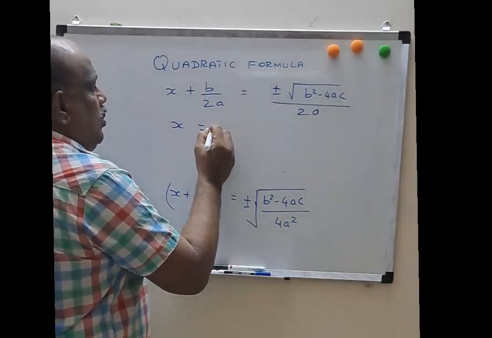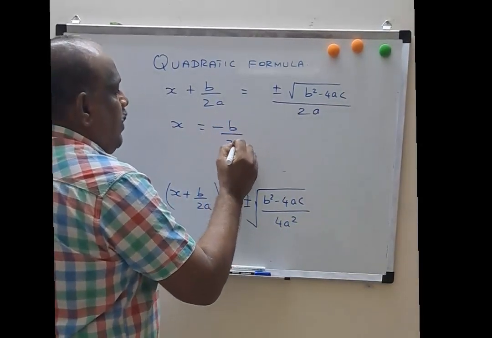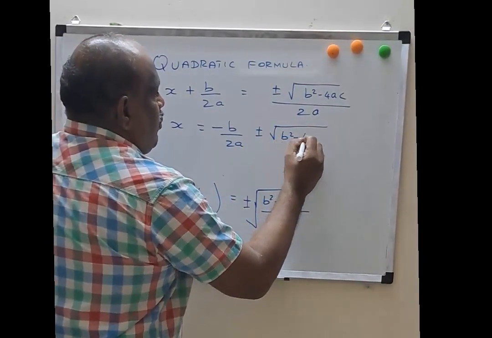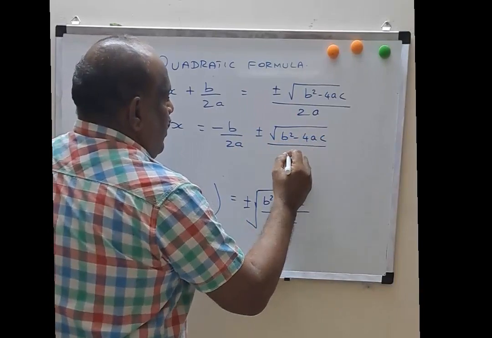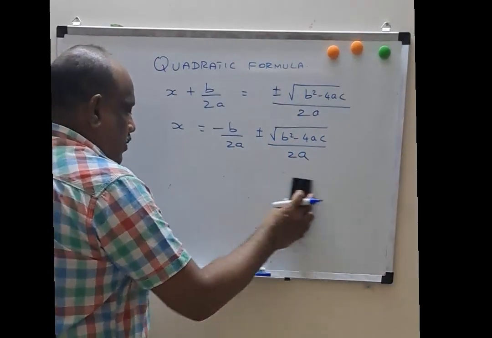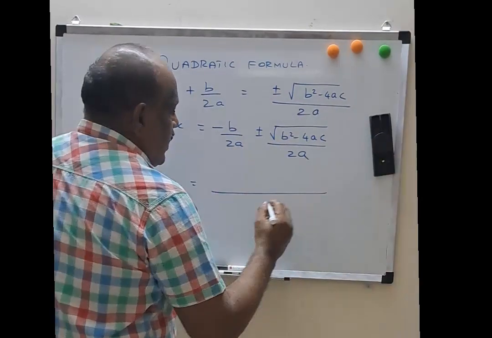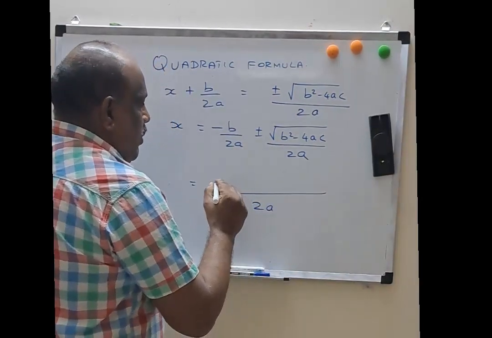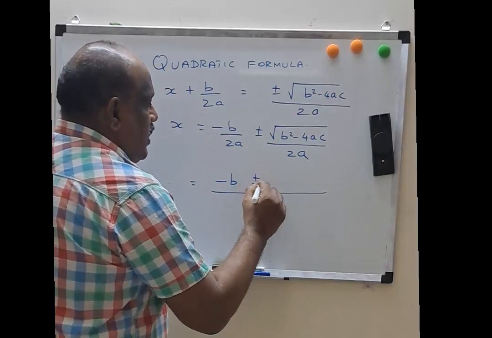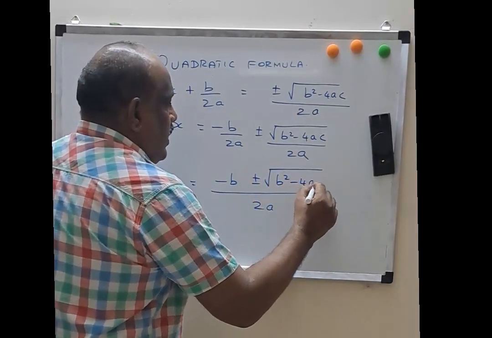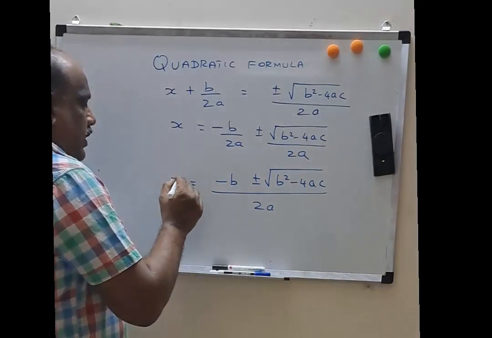So x is equal to minus b by 2a plus or minus square root of b squared minus 4ac by 2a. If I take the LCM, it is once again 2a. So it is minus b plus or minus square root of b squared minus 4ac, all divided by 2a. This is the value of x.